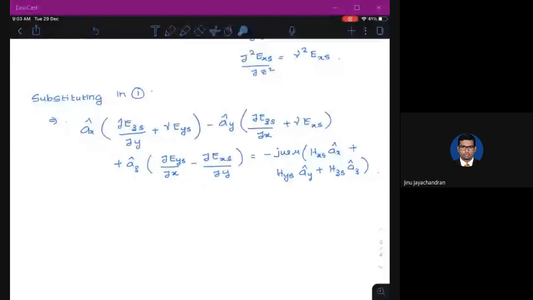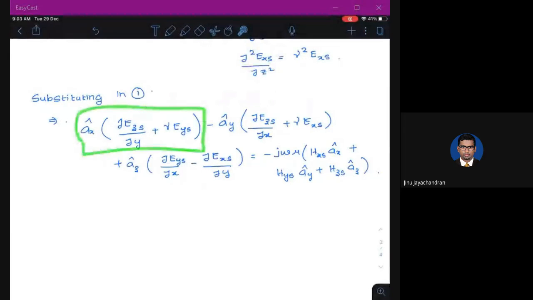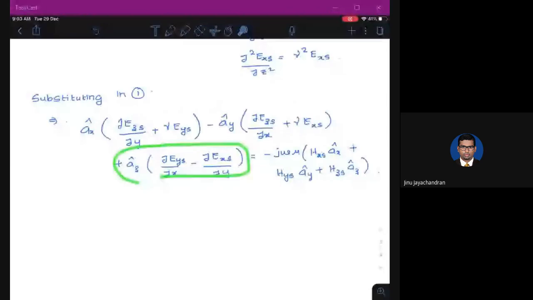Let us equate the components of AX cap, AY cap, and AZ cap separately. That means we are going to equate this and this. Similarly, we're going to equate this and this multiplied by minus omega mu, and we are equating this and this multiplied by minus j omega mu.